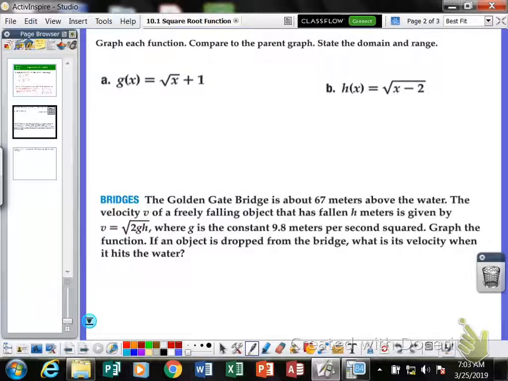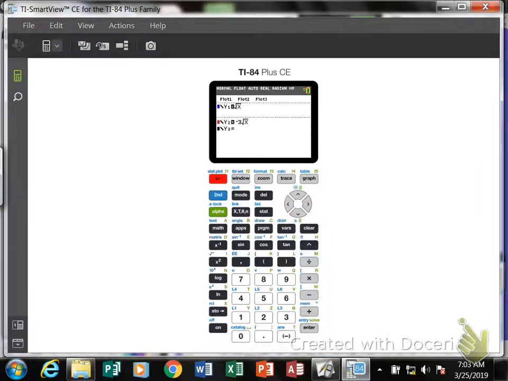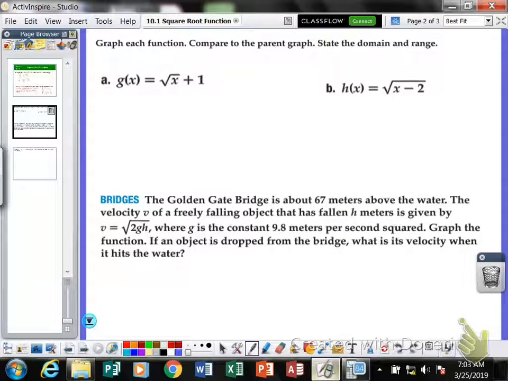Graph each function, compare it. Okay, so square root of x plus 1, go back into y equals, clear this one. Second square root of x, arrow out, make sure I'm not in there, plus 1, graph it. There's the original. So notice that the red line moved up 1. All right, so for this one, that's because of that right there.